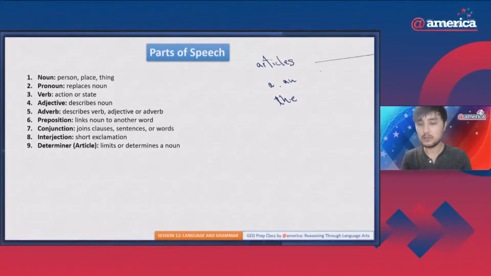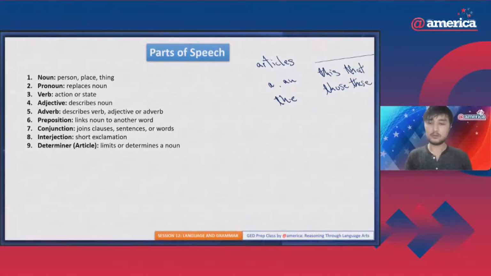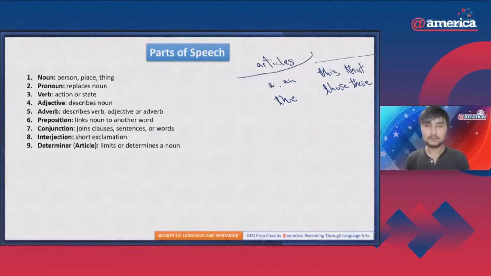And then for other determiners, you have things like this, that, those, these. So determiners limit the range of nouns that you talk about.